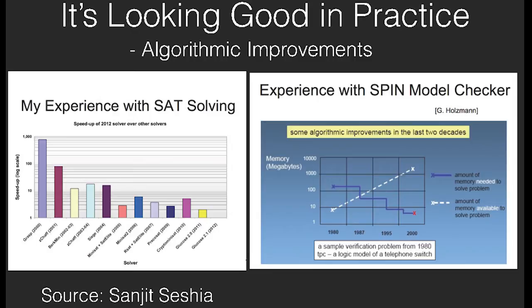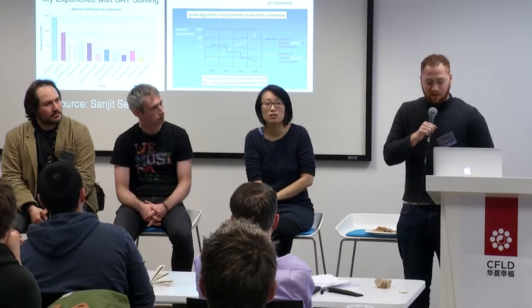In the other case, the SPIN model checker, the graph is talking about memory, and you can see that in maybe 1987 the problem crossed over from infeasible to feasible, because the amount of memory required to check all the states of a certain system, actually a telephone switch of some kind, probably not an enormous number of states, fell just due to algorithmic improvements.